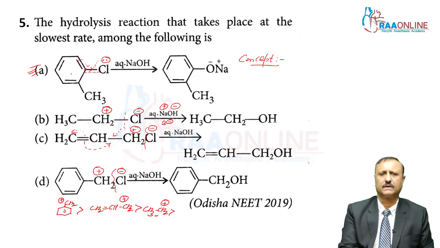So my dear friends, here between the carbon and chlorine, double bond character is also present, and due to this double bond character, this carbon chlorine bond is so strong, it is not easily broken. So my dear friends, when this aqueous NaOH reacts with this compound in which chlorine and carbon are present, this bond is not broken, so the reaction is slow. This is the concept of this reaction.